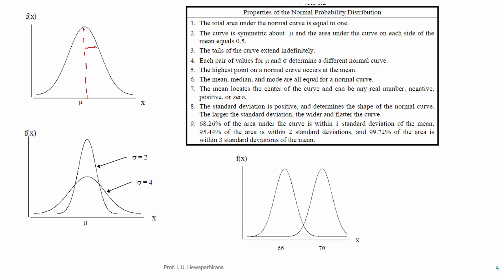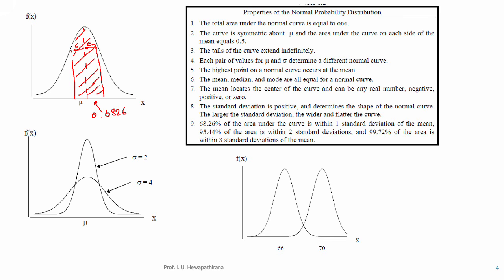So if this is sigma and this is sigma, this area inside one standard deviation from the mean will constitute 68.26%. That means 0.6826 would be the probability, that is the area within one standard deviation from the mean.